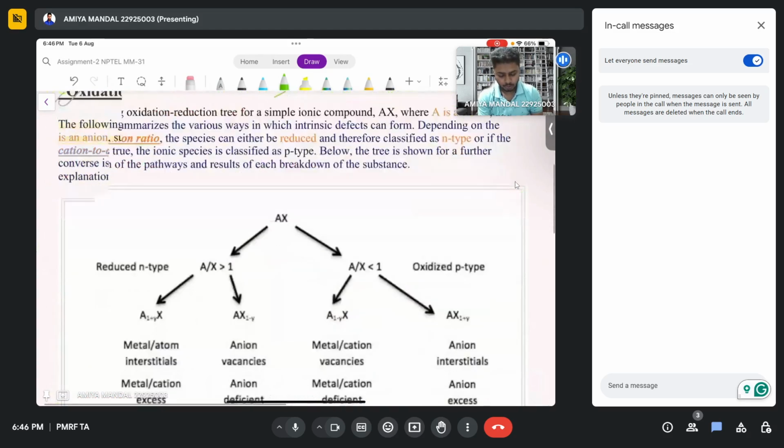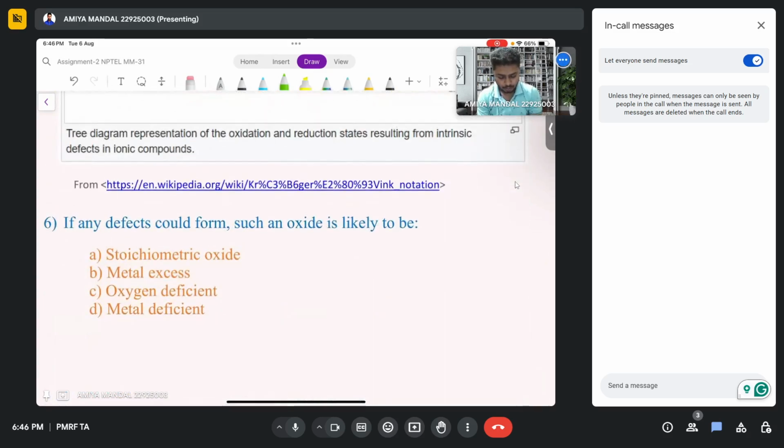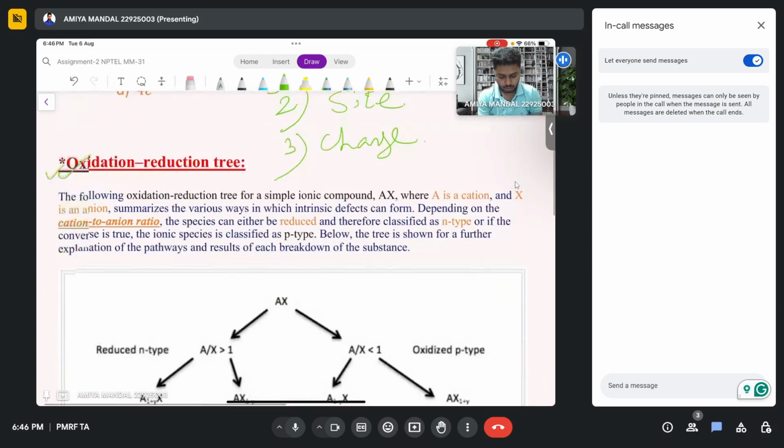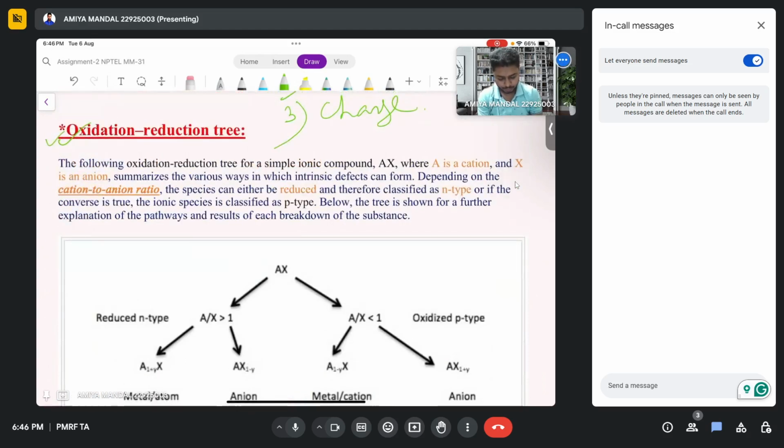For solving the next question, if any defects occur in an oxide, which will be true? There are 4 options. To answer this question, we need to know about the oxygen redox tree. This is iron, this is anion, this is cation.